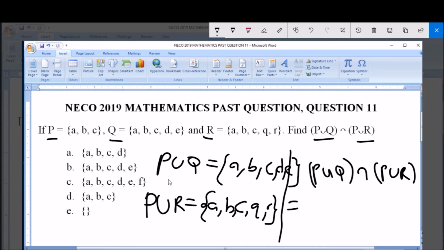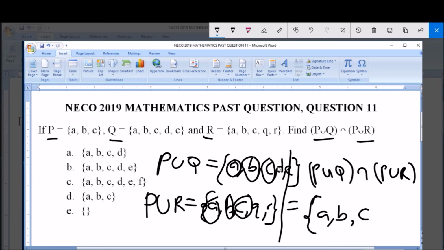Now if you look at this, you see that A is in P union Q and also in P union R. So you write A, also B is in P union Q and also in P union R. B, now C also is in P union Q and P union R.